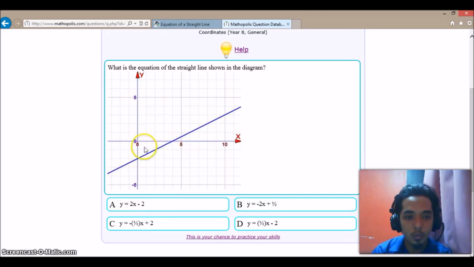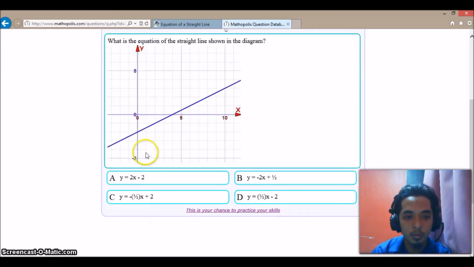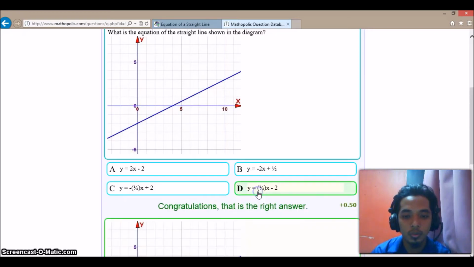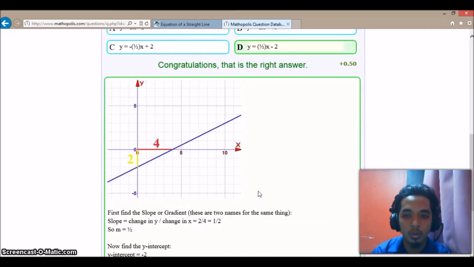So change in y over change in x is 2 over 4, equal to 1 over 2. So 1 over 2 is the gradient and the y-intercept is negative 2. So the answer is y equals 1 over 2 x minus 2. So you got D. You just got the right answer.